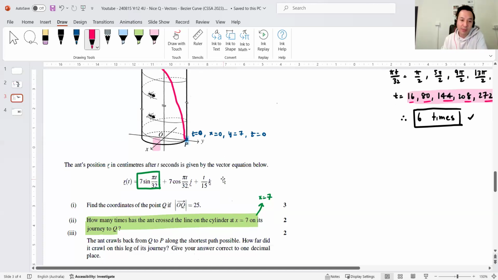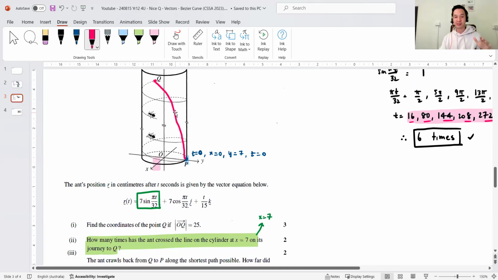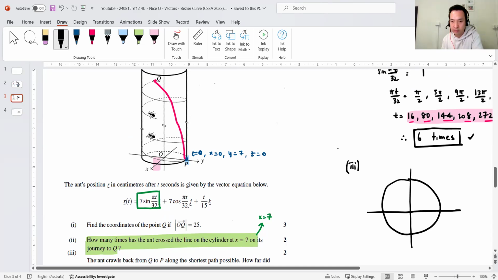Now, the best way to visualize this, so how far did it crawl? It wants that distance. The best way to visualize this is firstly to look at it from the top view. For part 3, the top view is obviously a circle. Let's pretend that this is the y-axis and this is the x-axis, and this is P. So that's the top view right now, and Q is somewhere over here.